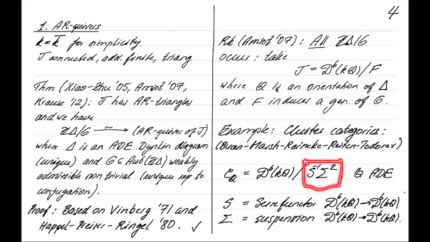This is precisely the auto-equivalence which we need to make the orbit category 2-Calabi-Yau. Here S is the Serre functor, sigma is the suspension. If we want the Serre functor to become the square of the suspension functor, then this is the auto-equivalence which we need to factor out.